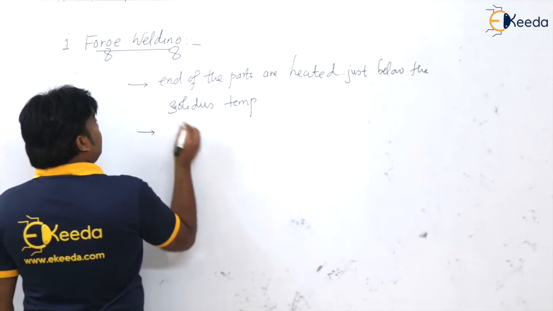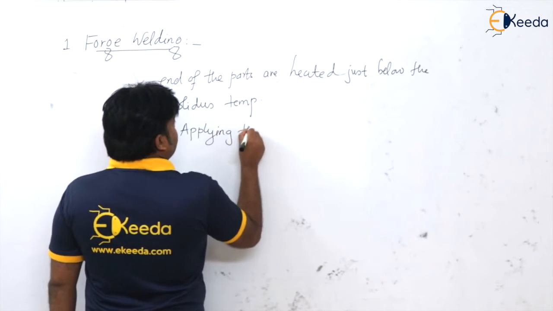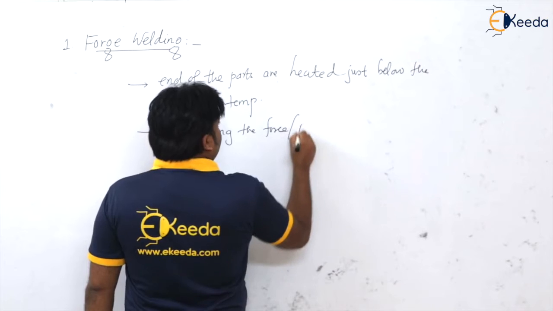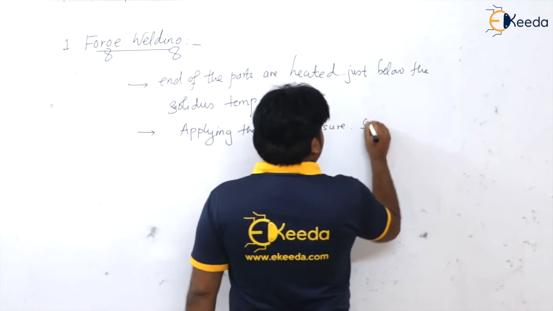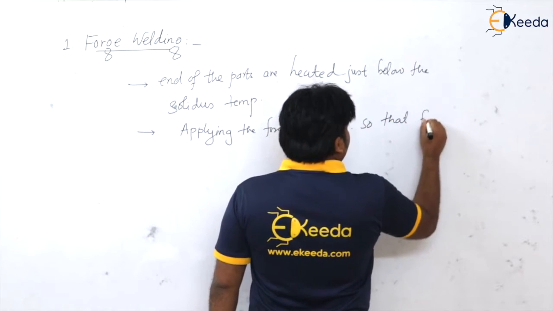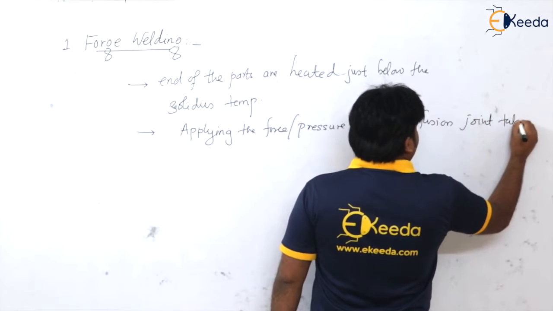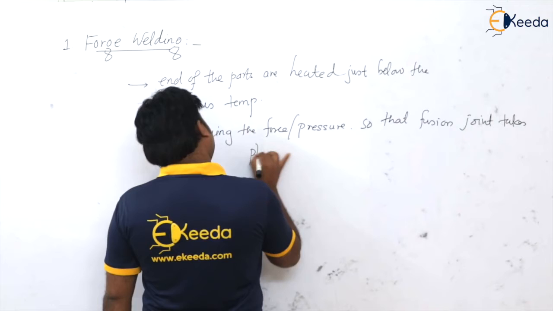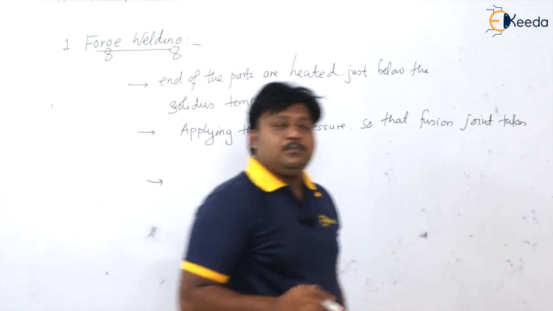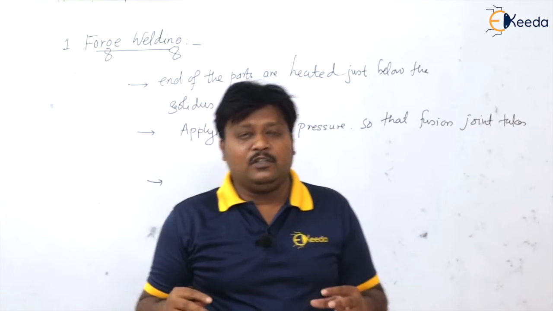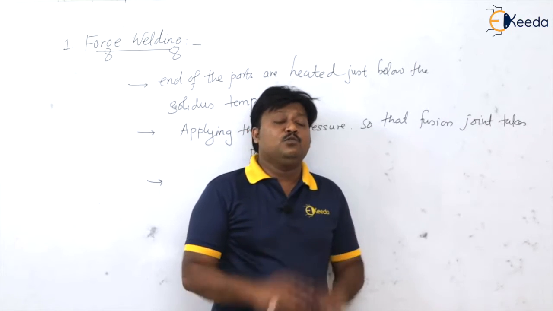And then we apply force or pressure so that a fusion joint takes place. So this is the basic thing. The parts to be joined are heated just below the solidus temperature, and then pressure or force is applied so that the fusion joint takes place.